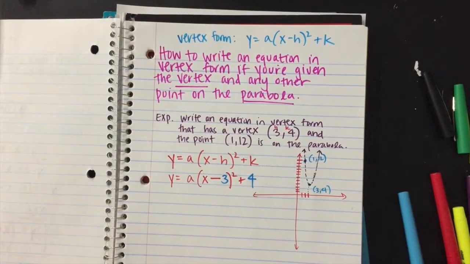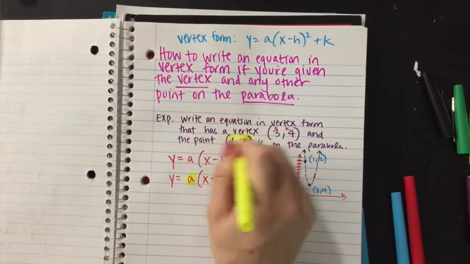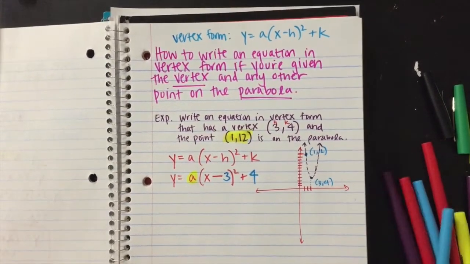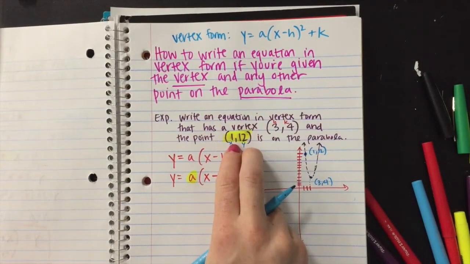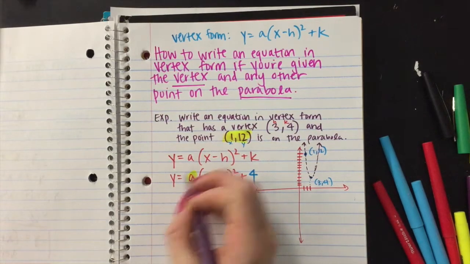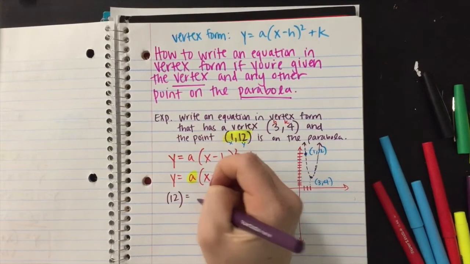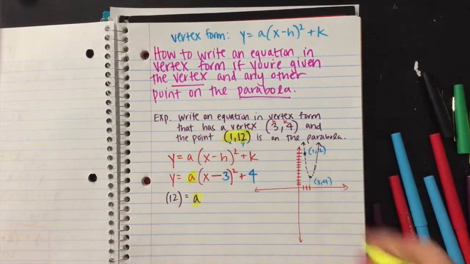How am I going to figure out the a? How am I going to figure out if it's squished or not? Well, I actually also have a point, (x, y). So I can plug that in for x, y. That's what I'm going to do in the next step. So y is equal to 12 is equal to, a is the one thing I still don't know.